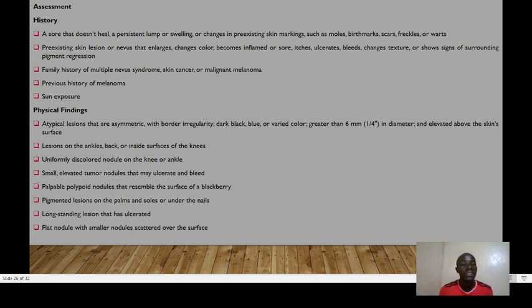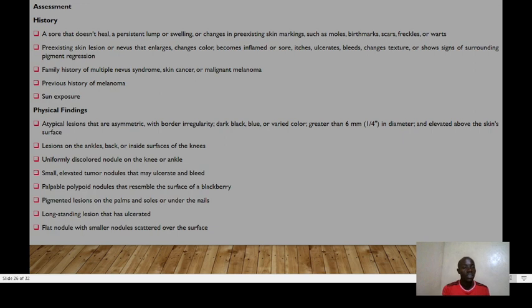Pre-existing skin lesions or nevus that enlarges, changes color, becomes inflamed or sore, itches, ulcerates, bleeds, changes texture, and shows signs of surrounding pigment regression. Also, another risk factor that needs to be listed is family history of multiple nevus syndrome, skin cancer, or malignant melanoma. Then you have previous history of melanoma and the skin exposure.